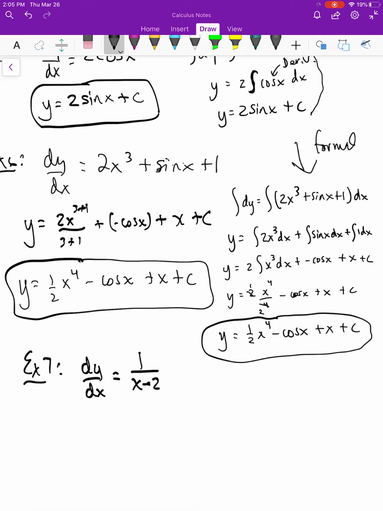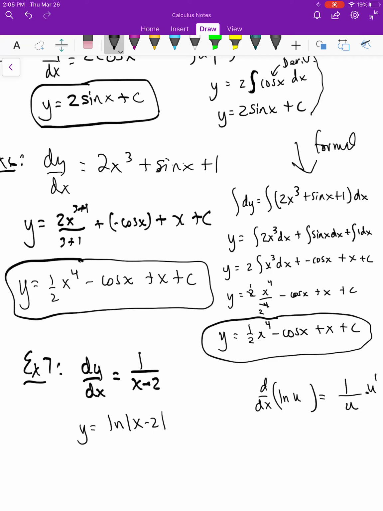Giving you that derivative, dy dx equals 1 over x minus 2. So think about what gives, when you would be taking the derivative of something, and it would be 1 over that value, u, right? And that makes me think of ln u. And times u prime then, if that wasn't just an x.